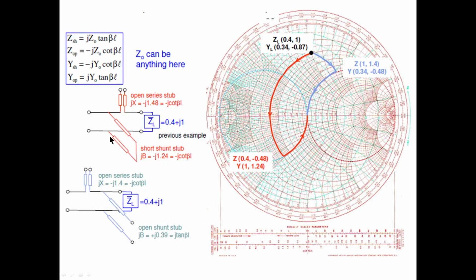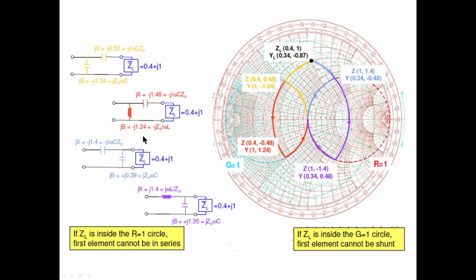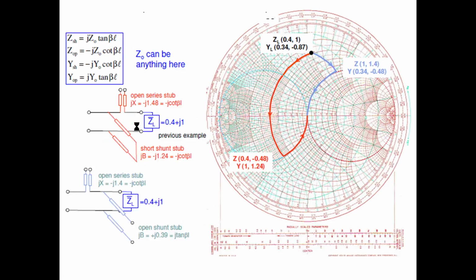You only should find what this length is to get that particular value of normalized B. That we can do easily from the Smith chart. You already did that for a short circuit and an open circuit. So here, what they have done is the capacitor and inductors are replaced by stubs like this.